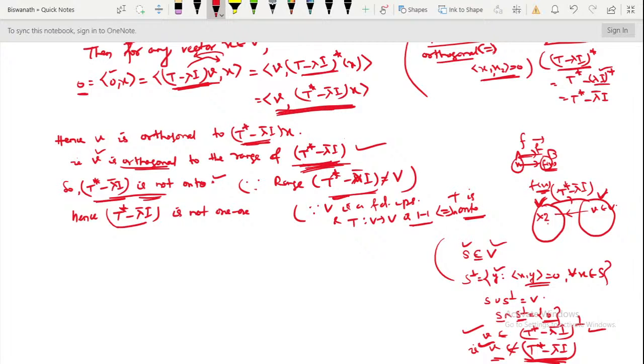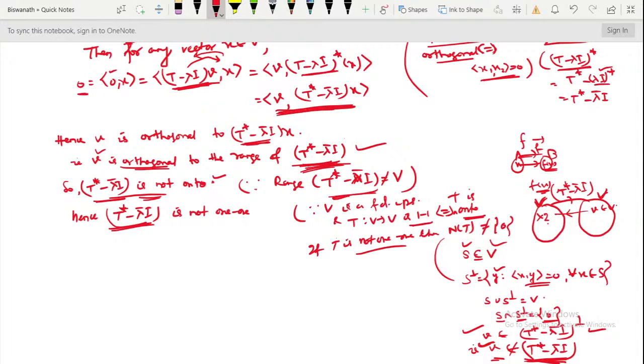Thus, since this is not 1-1, we have another concept: if T is not 1-1, then the null space of T is not equal to the zero vector.